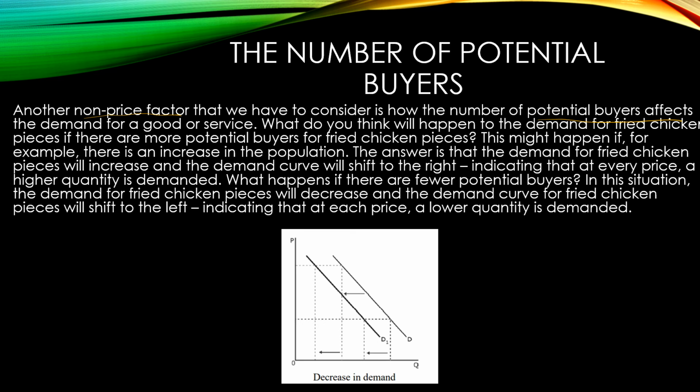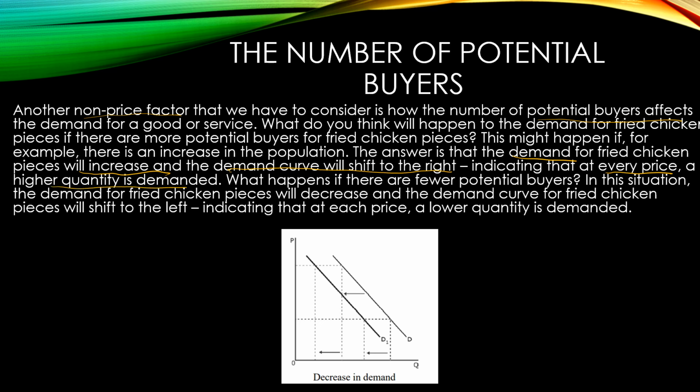This might happen if, for example, there's an increase in the population. The answer is that the demand for fried chicken pieces will increase and the demand curve will shift to the right, indicating that at every price a higher quantity is demanded.